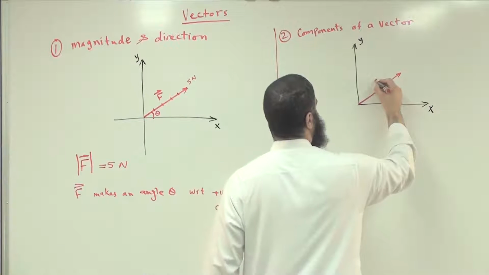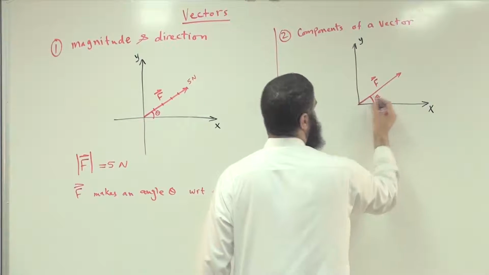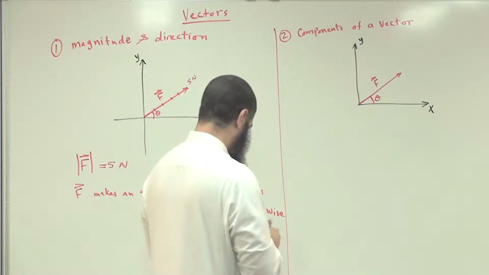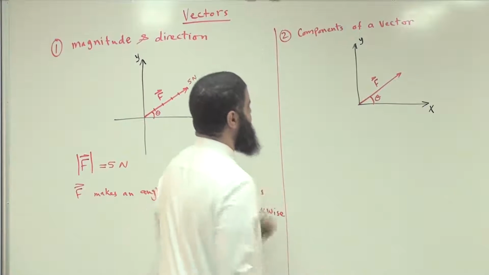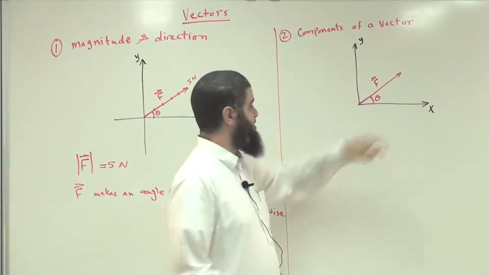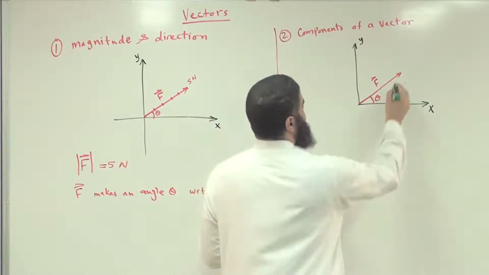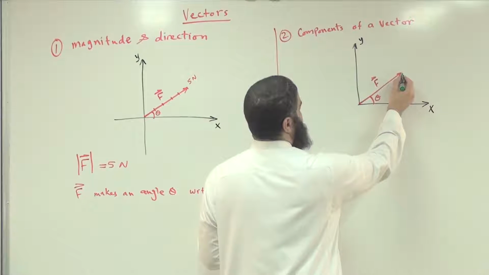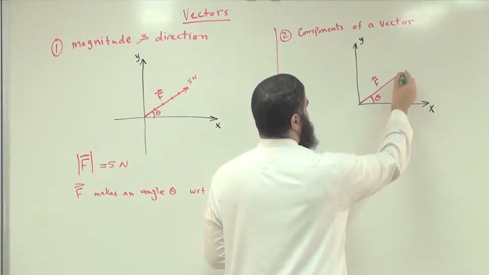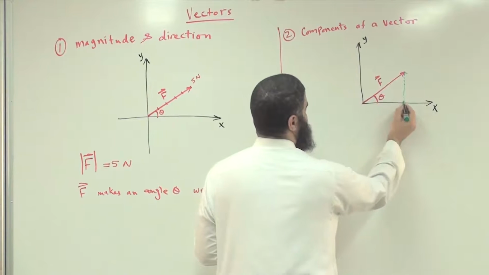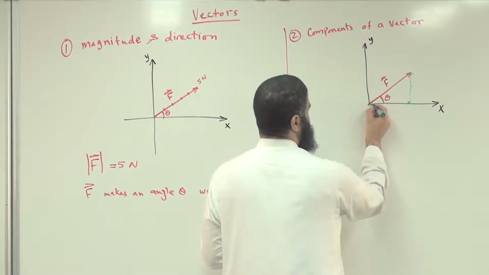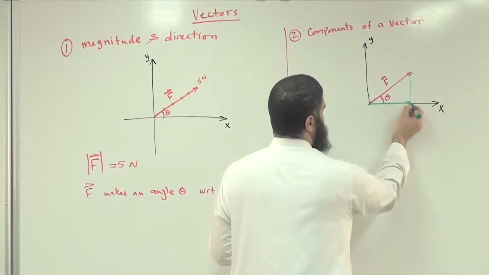Its magnitude is 5, and it makes an angle theta with the positive x-axis counterclockwise. Now we can find the projection of this force vector along the positive x-axis by drawing a line from the head of my vector perpendicular to the x-axis.